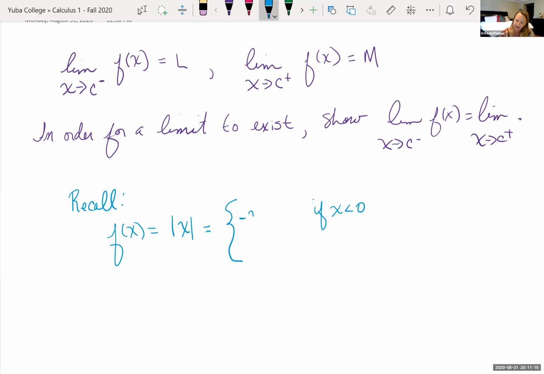So it's going to be negative x. So the absolute value of -2, if I plug in a -2 into this equation, that tells me to use this piece because -2 is less than 0. Negative of -2 equals +2. If you put in an input that is greater than or equal to 0, that same value that you plugged into the absolute value is the value you're going to get back as your output, which is just x.